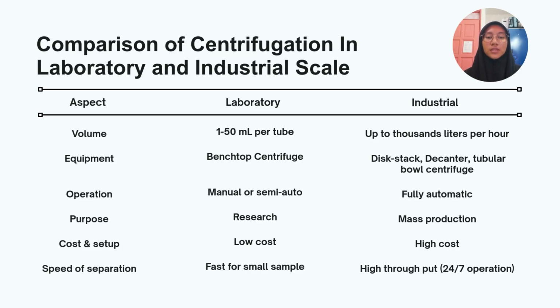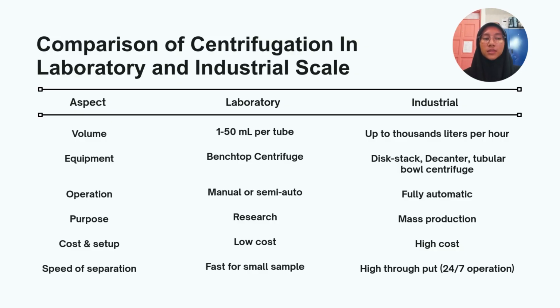The first one is the centrifuge used in the lab, which is the benchtop. It usually uses a small amount of sample. It's usually used for insulin extraction, and it uses tubes for the sample. You put the sample in. Then the industrial centrifuge is used in factories and industry.